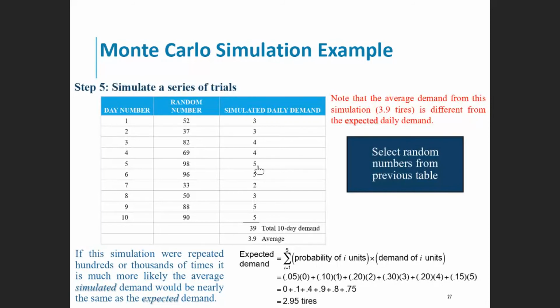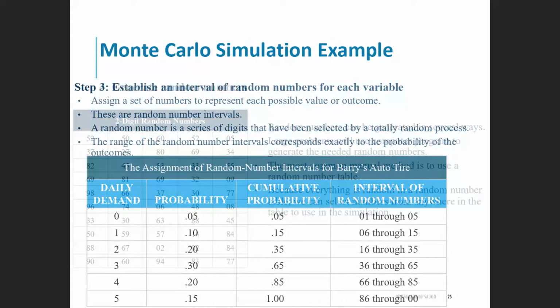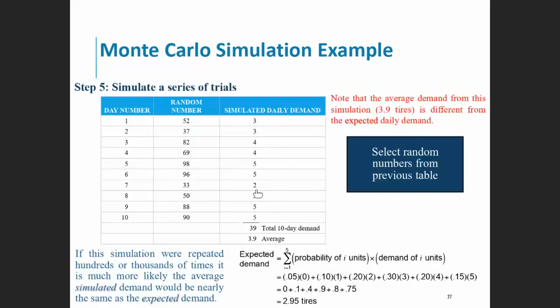Let's take another one here. 50 will fall the same. So let's take 33. 33, you go back to step number 3. 33 falls between the 16 and the 35. So the daily demand of tires will be 2 tires. So you put 2 here. Okay, this is how you fill this column.